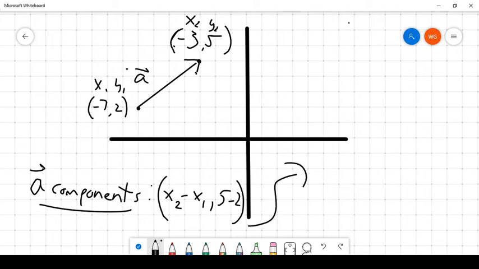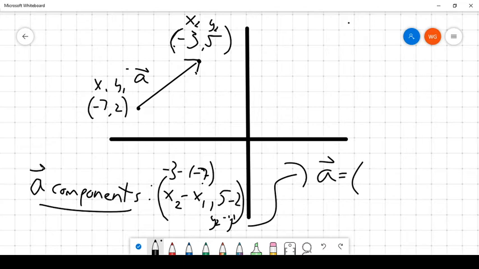So doing that, what we can say is that vector A actually has components of, okay, so moving back here, remember that x2 minus x1 was actually -3 minus -7, and y2 minus y1 was 5 minus 2.